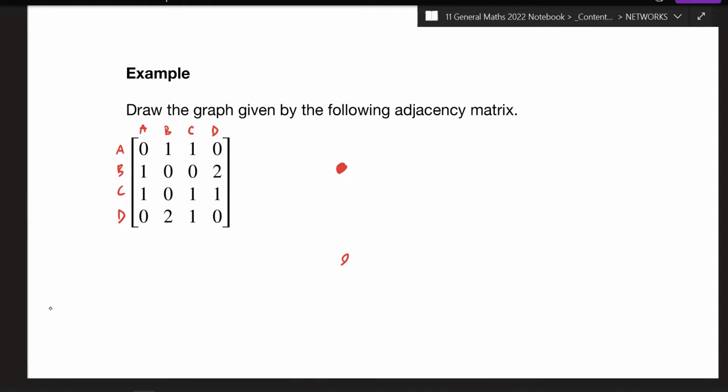So 1, 2, 3, 4, and label your vertices A, B, C, D, so that you know what's connecting to what. Now we do the connections. So A to itself is 0. A to B, apparently there's 1. A to C, there is 1. A to D, there is nothing.